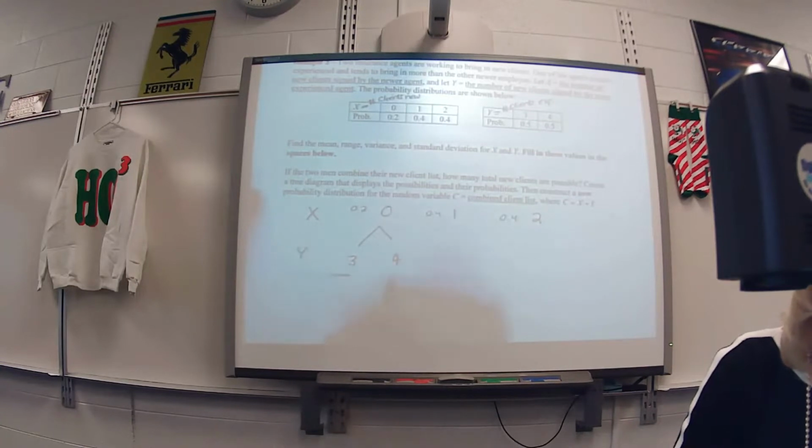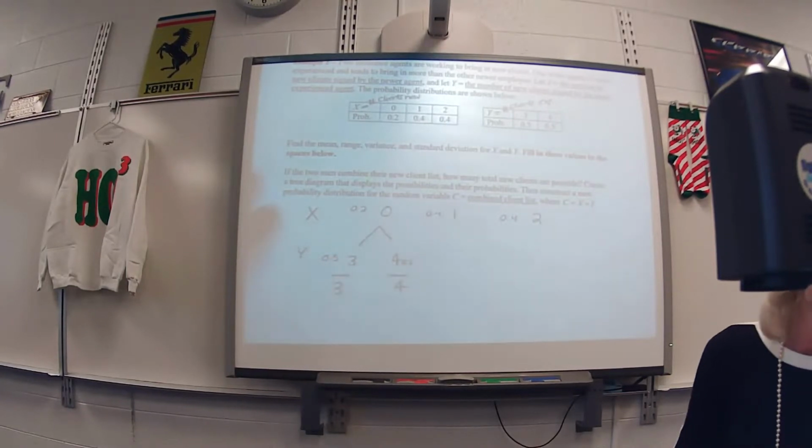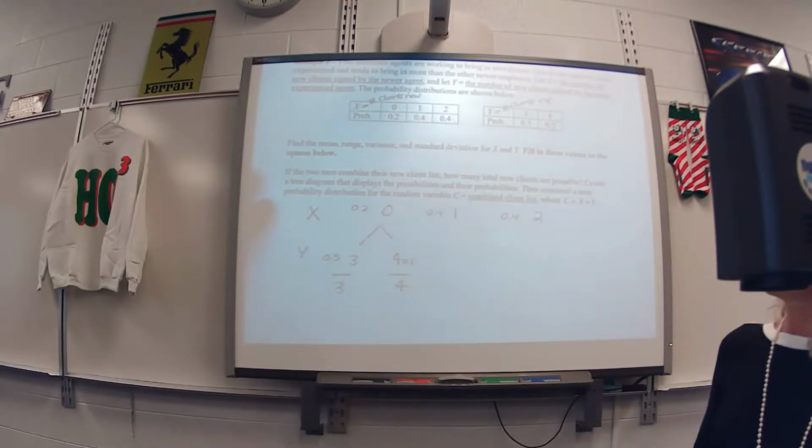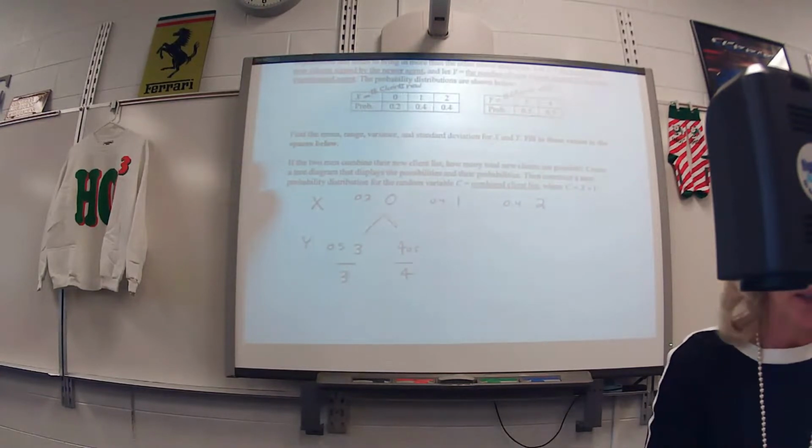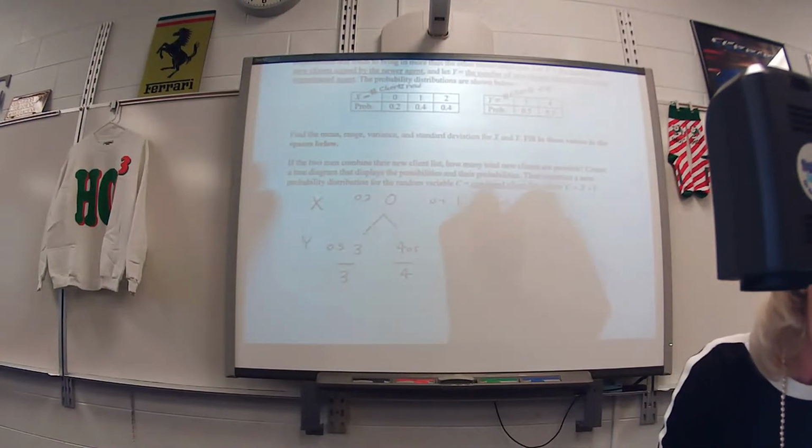So altogether, how many clients did they get? 3, 4. And these probabilities, by the way, are of course 0.5 and 0.5. What if the new guy did manage to get a client? Well, then the experienced guy still could bring in 3 or 4.